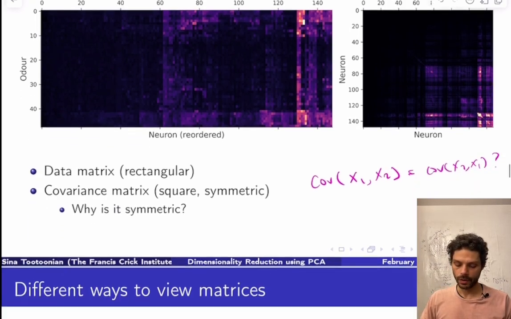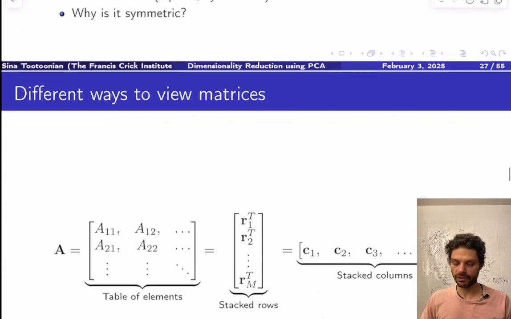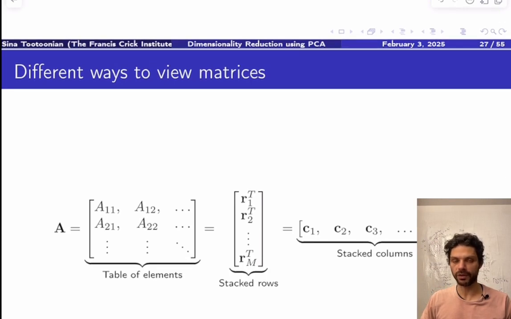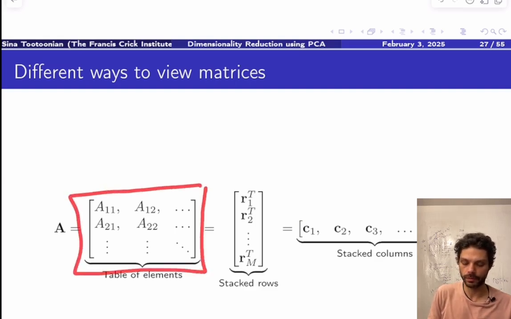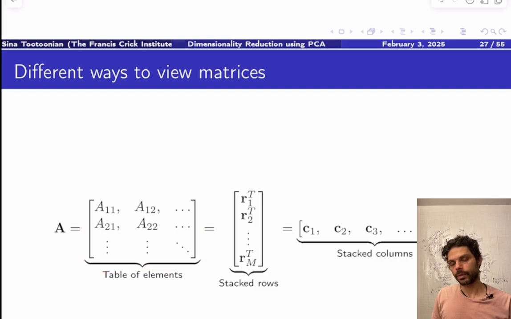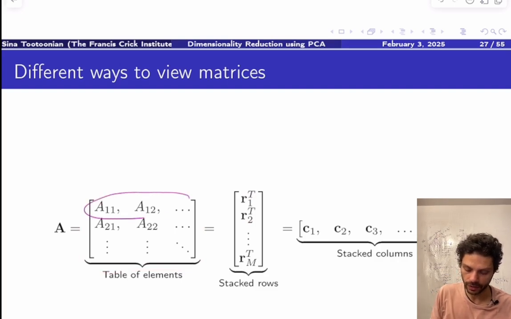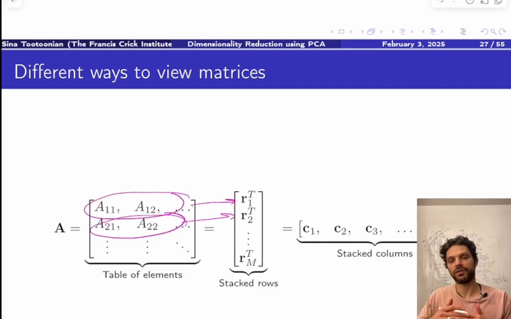Okay, so now let's look at a few different ways to view matrices that we're going to need when we're talking about singular value decomposition. The standard way we're given is just a table of elements. But you can also view it as a bunch of stacked rows. You can think of this becoming that, this becoming that. These are vectors now, stacked on top of each other.